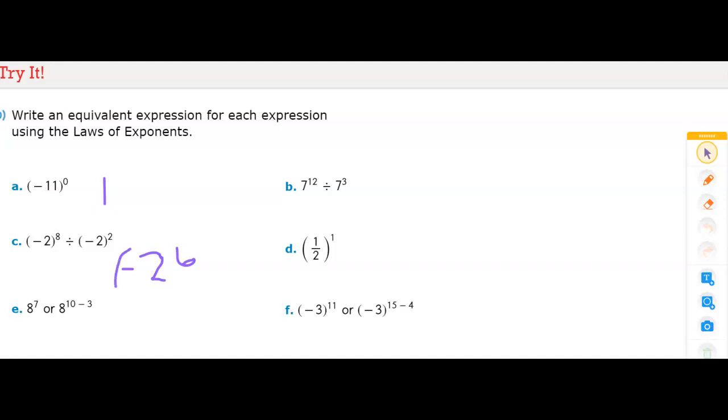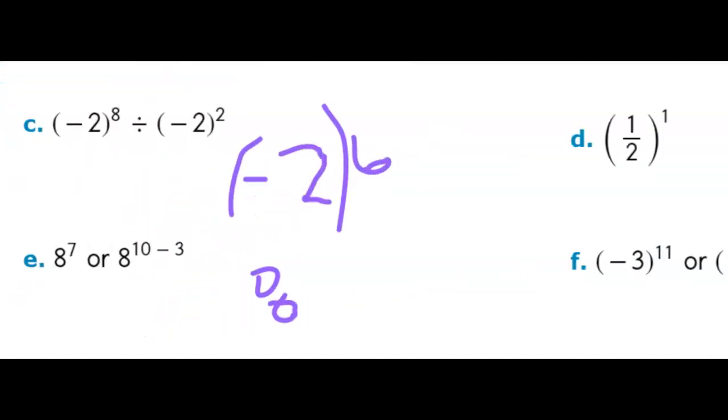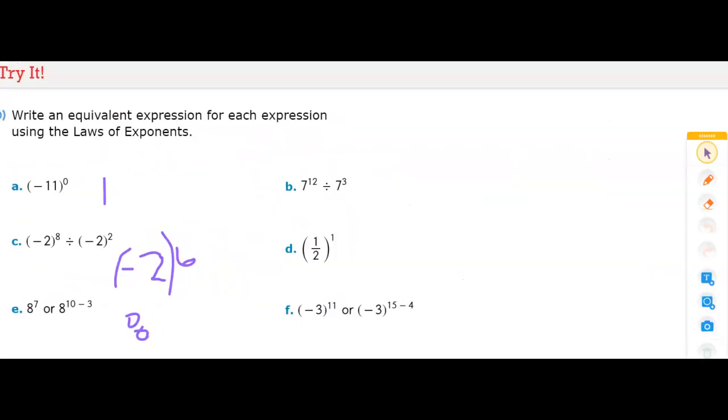And then we have E, I'm just working my way down, 8 to the power of 10 minus 3. You can write that as 8 to the power of 10 over 8 to the power of 3.